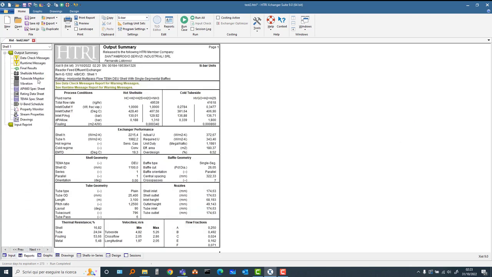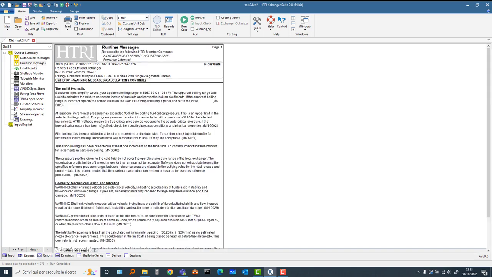Going back in the report, runtime messages list one incremental, film boiling, transition boiling, the pressure profiling. I see here this is not nice. Warning, shell entrance velocity exceeds critical velocity, indicating a probability of fluid elastic instability.